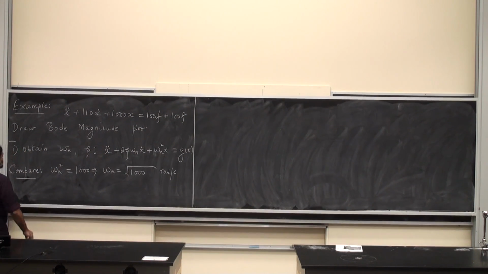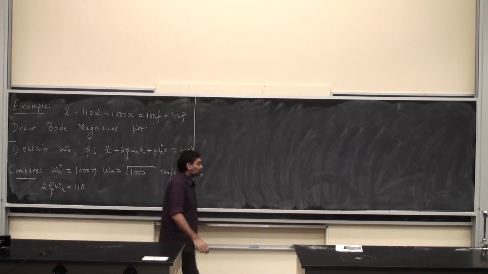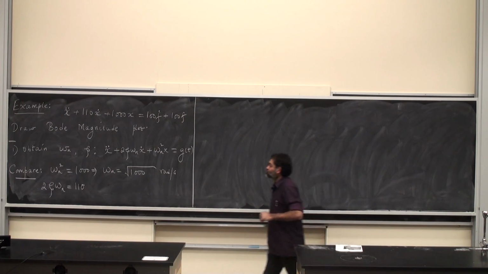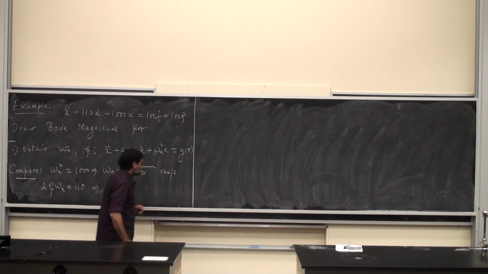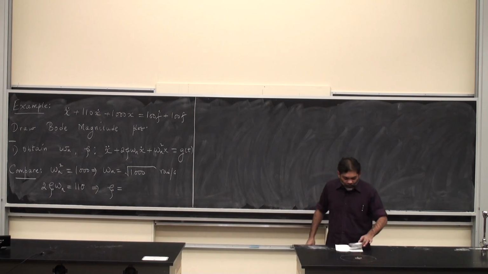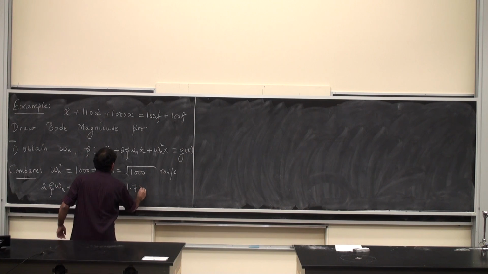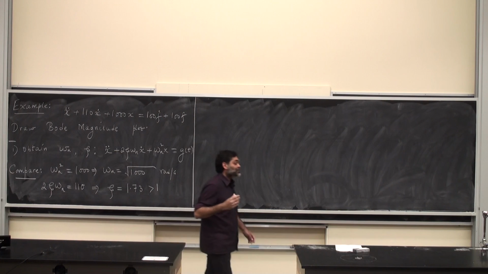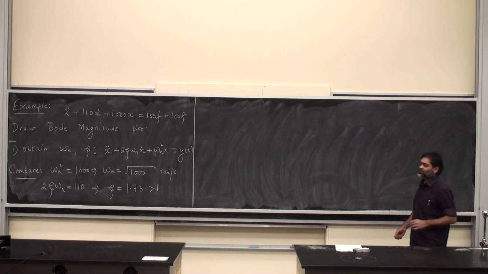And then 2 zeta omega n is 110. I know omega n is square root of 1000, so solve for zeta. Zeta gives me 1.73, which is greater than 1, so this makes it an overdamped system. Okay? So that's the first step.